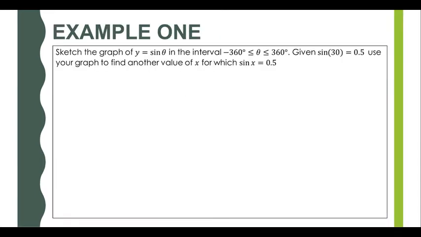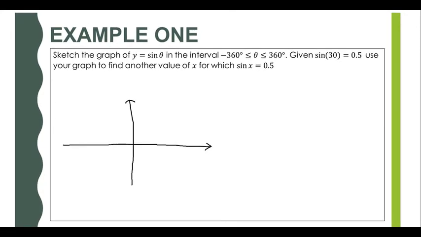Firstly, we want to sketch the graph of sine in the interval minus 360 to 360. So if we draw our axis, our x is now theta, and y is still y. So like any other sketch, we need to label all the points where our curve crosses the axes.